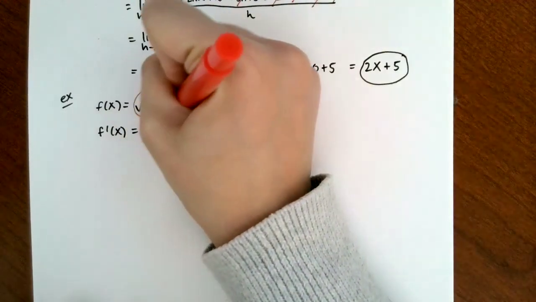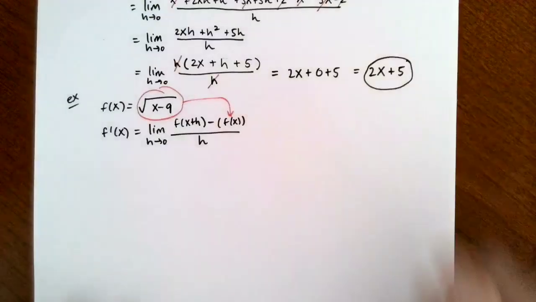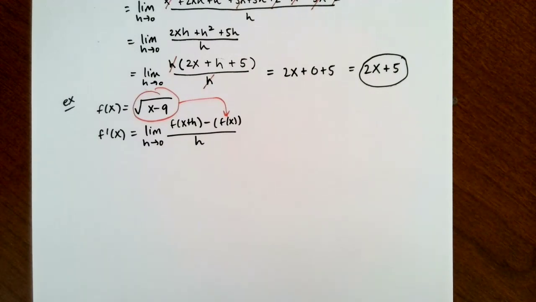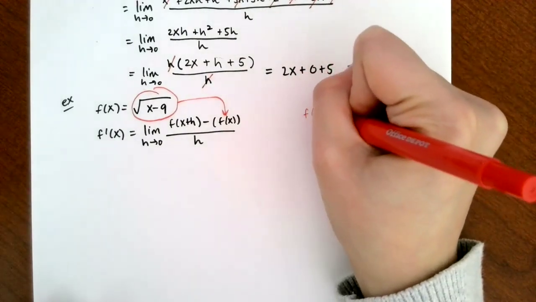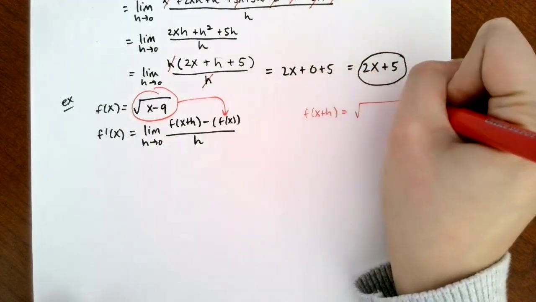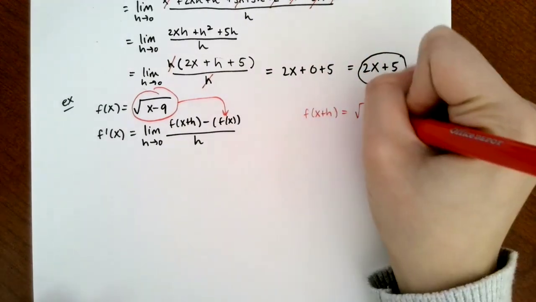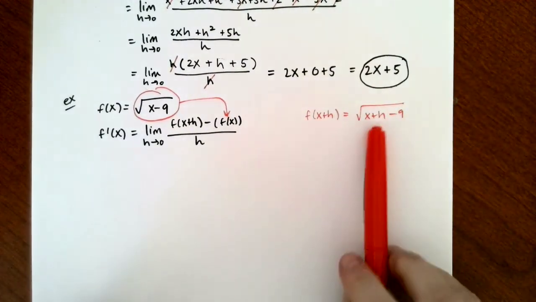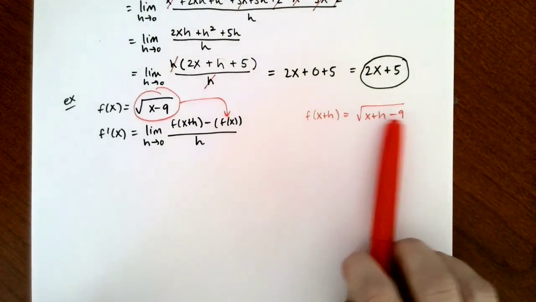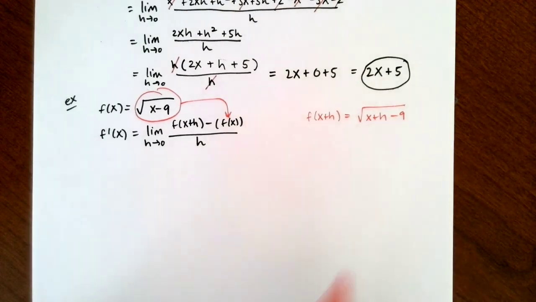The whole original function is going to go in for f of x over here. F of x plus h in this case will be square root of x plus h minus 9. Parentheses aren't wrong here, but they're not necessary since there's nothing like multiplying on it or any exponent.